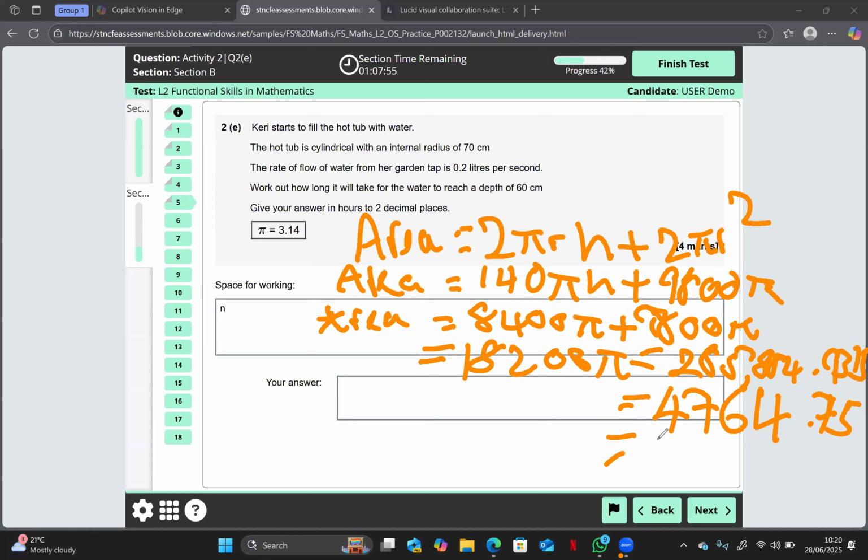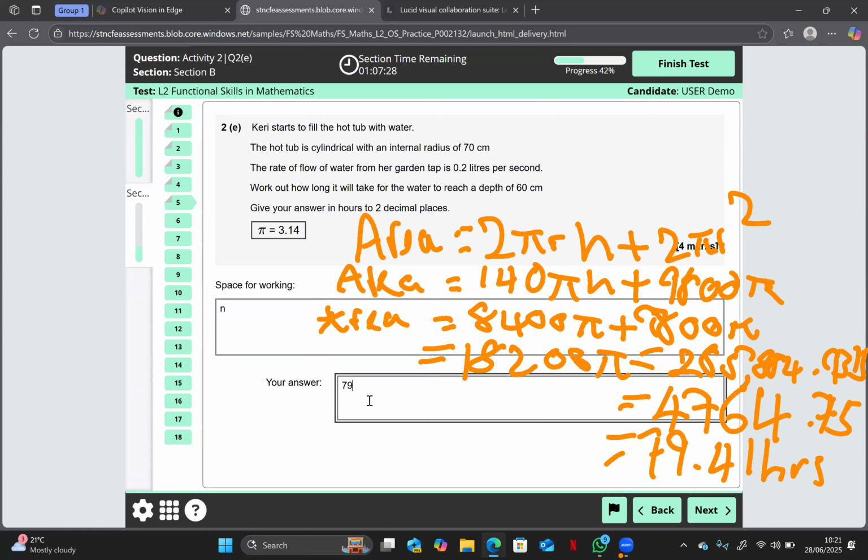It's equal to 79 hours, 2 dp. That's how long it would take in hours. 79.41 hours.